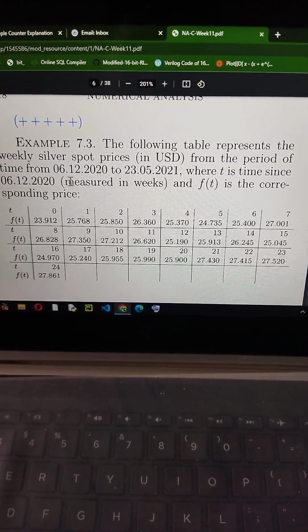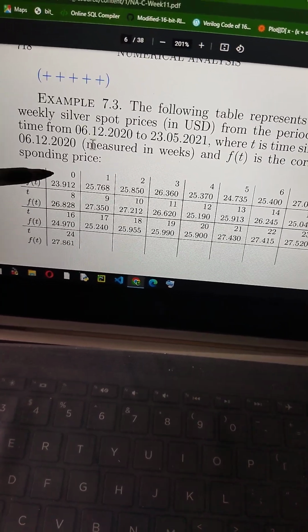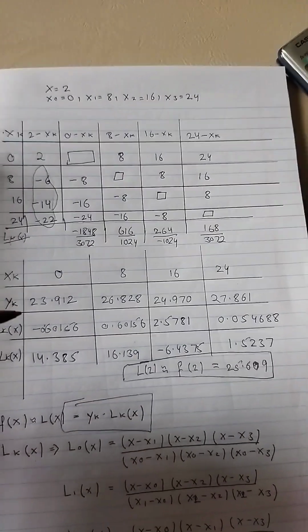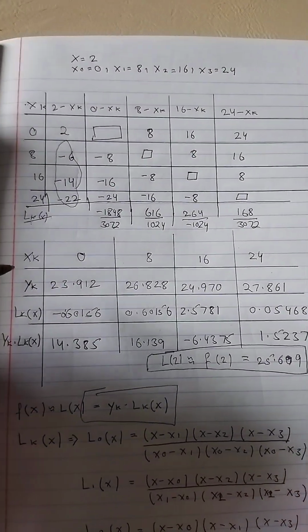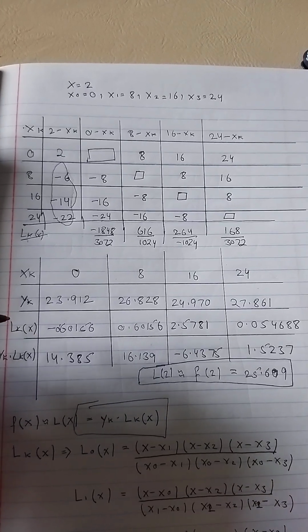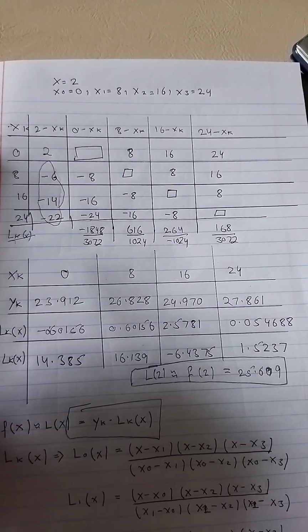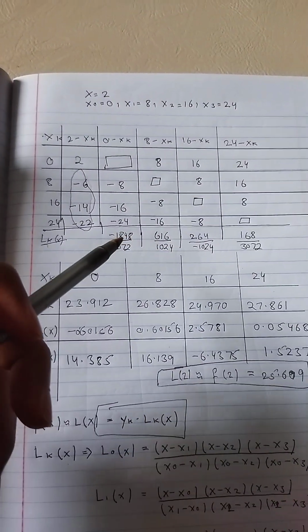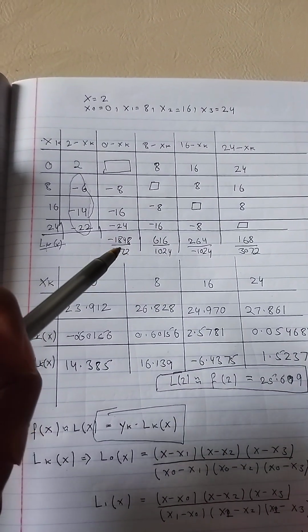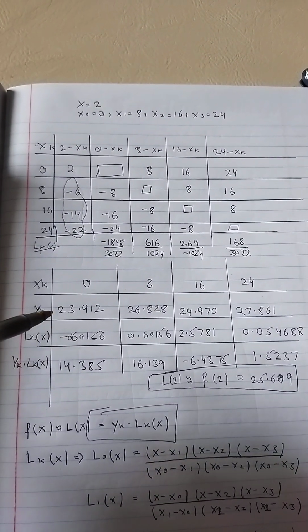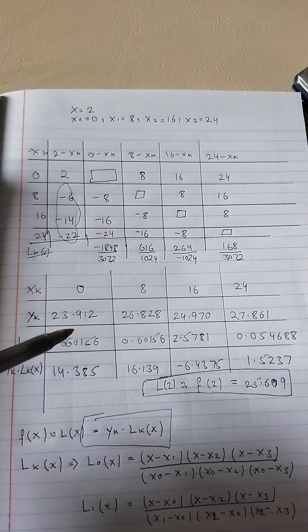As you can see in the question table, this is yk, and this is xk. So we just write the values of yk respectively, and the next thing we write is lkx. LKX is the same, but we write it in floating point form by dividing minus 1848 by 3072. We get minus 0.60156.